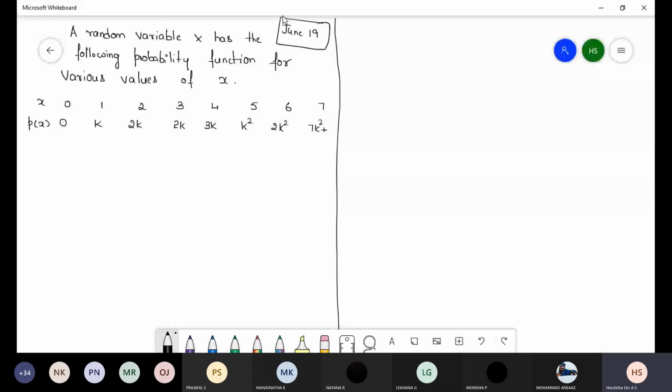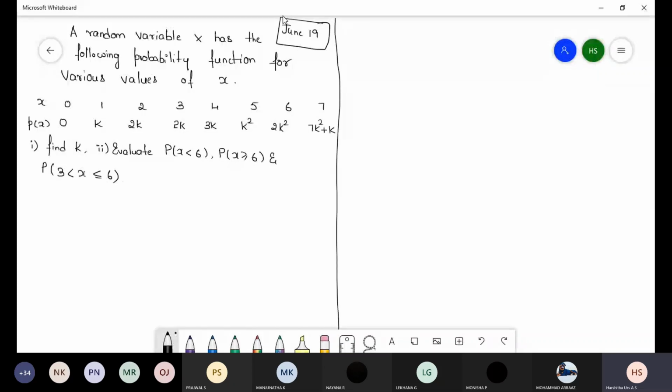First one, find k. Second one, evaluate p of x is less than 6, p of x greater than or equal to 6, and p of 3 less than x less than or equal to 6.